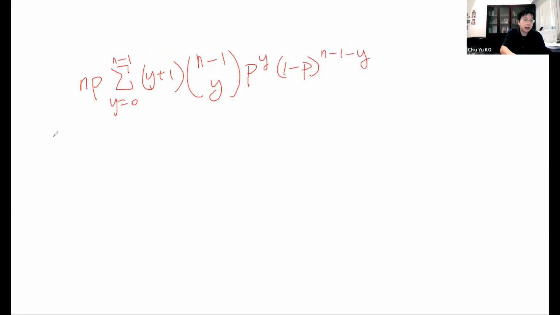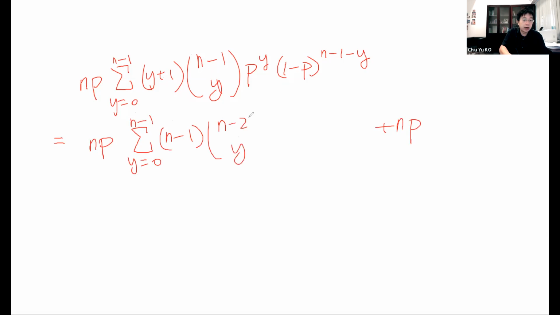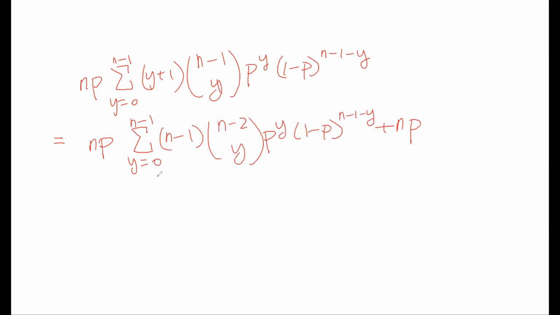The first thing, as I said, this one is gone, so there's np here, summation y equal to 0 to n minus 1. And remember, we have y times n minus 1 choose y, times p^y, (1-p)^(n-1-y). Is this part okay first? Yes, we just discussed this.